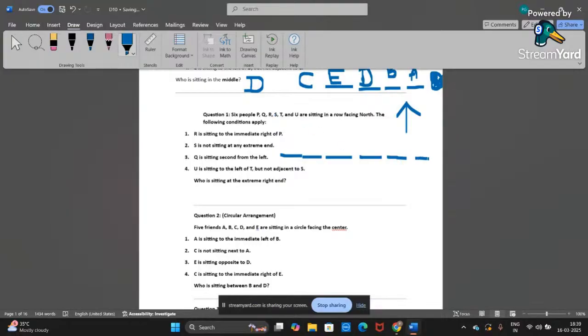How many are there? 6. R is sitting immediate right of P. P's right side means this side, and immediate means next person. So P R. S is not sitting at any extreme end. S is not here or here.